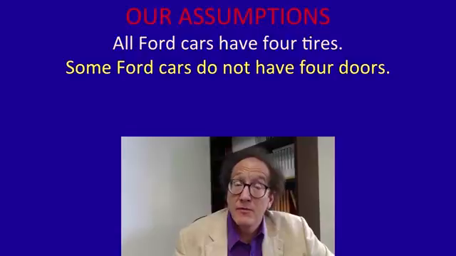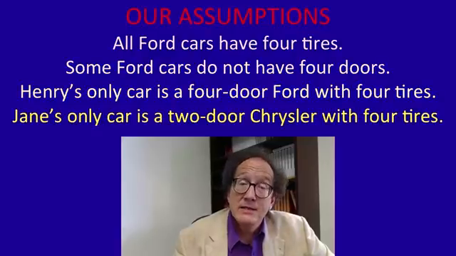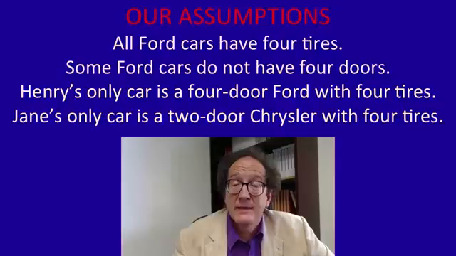But some Ford cars do not have 4 doors. We're also going to assume that Henry's car is a Ford that has 4 doors, and Jane's car is a Chrysler that has only 2 doors, not 4 doors. And we're just going to take those facts for granted and assume that that's the situation we're talking about.